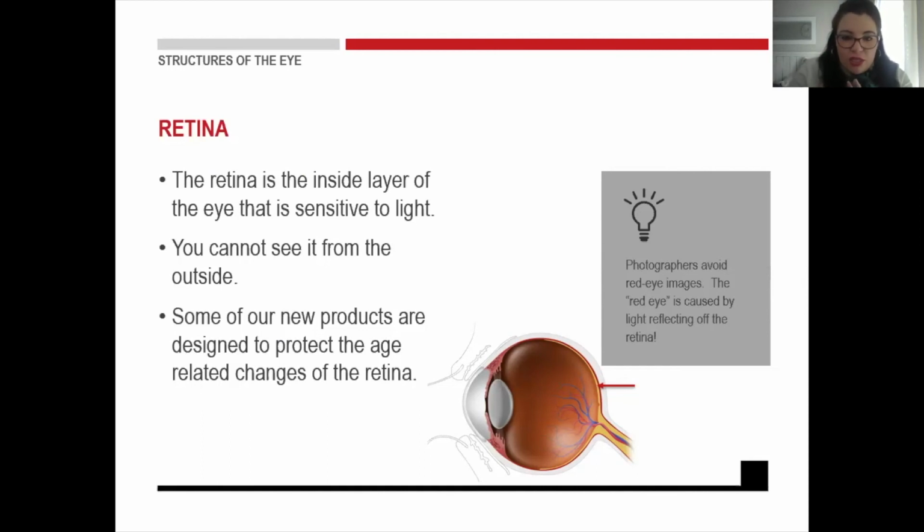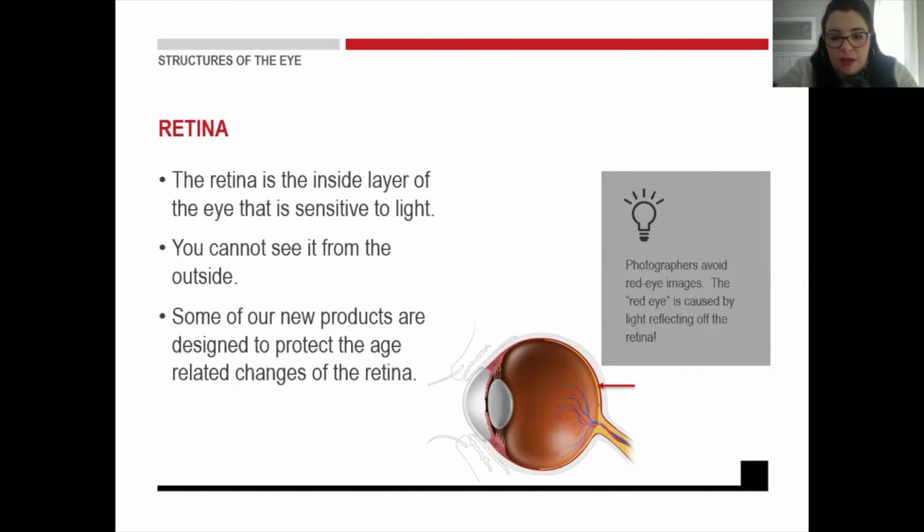That what you see is going to be reflected on that screen at the back of your eye called the retina. Now, it's on the inside of the eye. You cannot see it from the outside, except if you maybe take a photo and you see these red pupils from people, then that means it's actually the retina reflecting. So you see the retina.